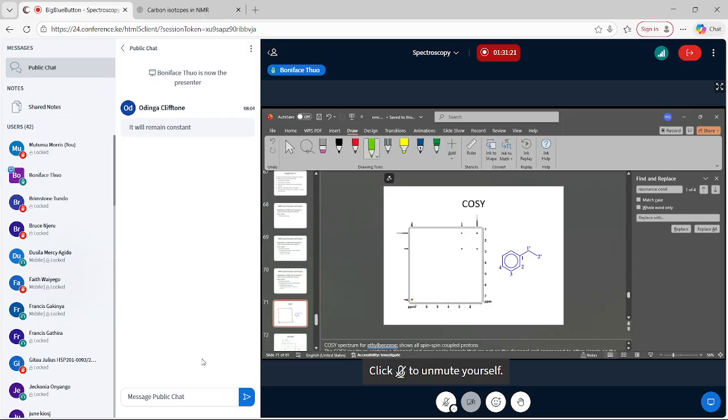But we have another peak down here, which is basically the aromatic protons. They are also coupled, and that's why it appears as a multiplet in the aromatic region. But these two are quite clearly coupled to each other because of the cross peaks that we observe. That is correlation spectroscopy.